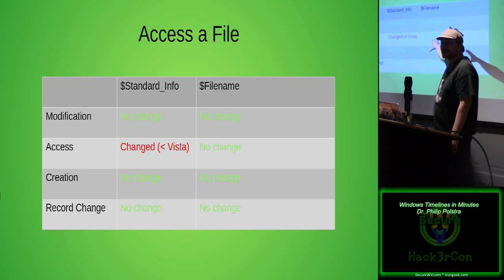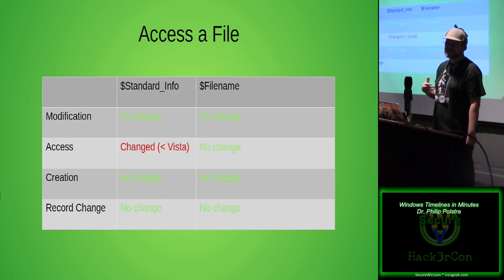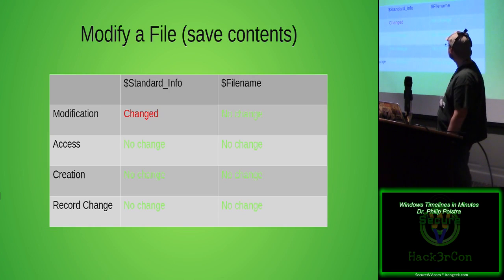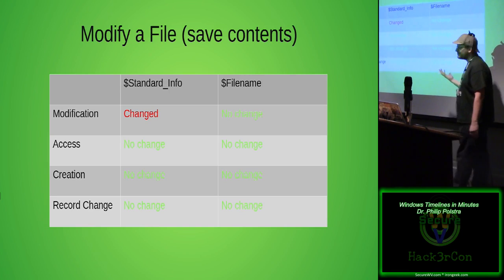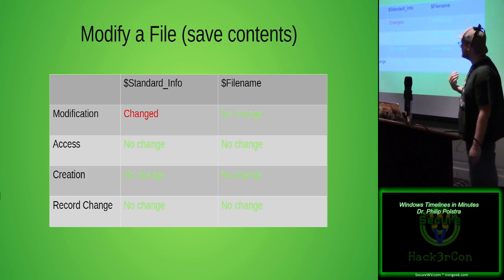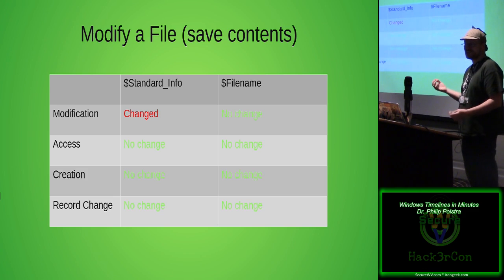If I access a file and there's an access timestamp, why doesn't it change that? And the answer is, I don't know. There are ways of changing if that gets updated at all, but this is just those two MFT entries. So where does it get changed? It gets changed by default in those index buffers, in the directory entries, but not in the file entries themselves.